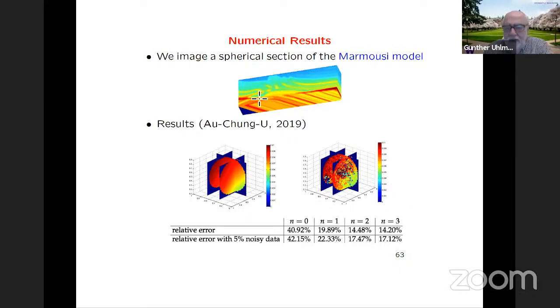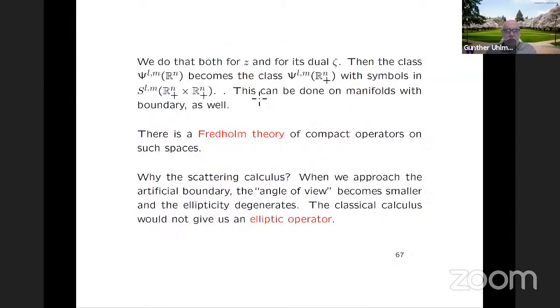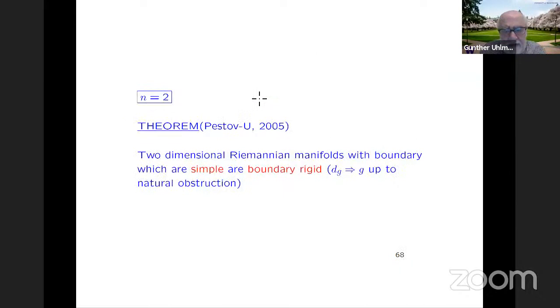Okay, so to finish, let me come back to this, because I have described two problems. One is to recover a metric from the Dirichlet to Neumann map, or the voltage to current map, and the other one from the distance function or the scattering relation.